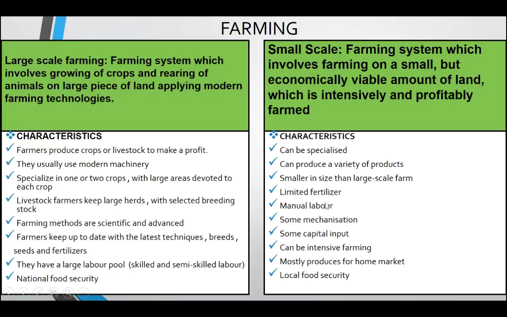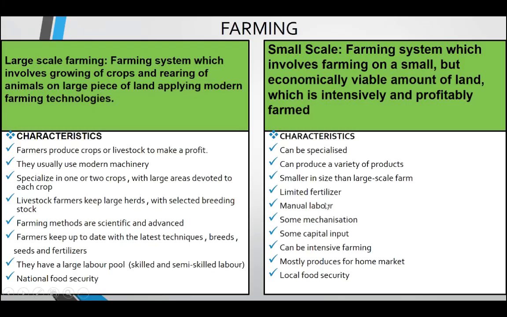And if they are doing crop farming, it will either be a sunflower farm, a sugarcane farm, or soya bean. It will be any farm product, but usually it is monoculture. They focus on one product. Farming methods are very scientific for large-scale farming, and farmers keep up to date with the latest techniques because they want to produce as much as possible.